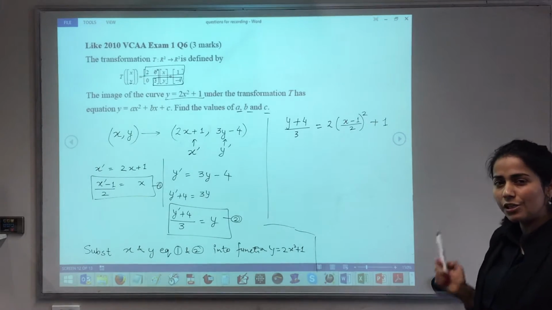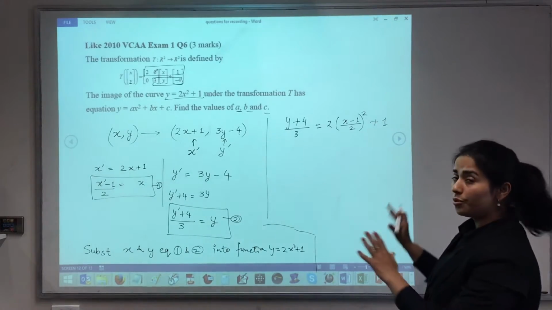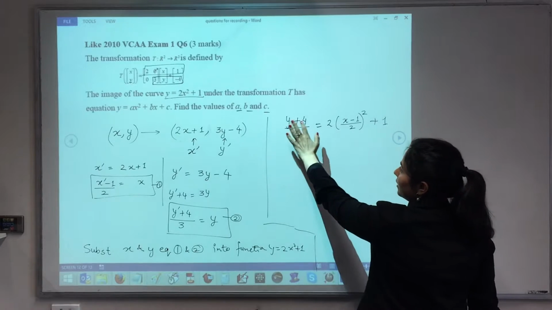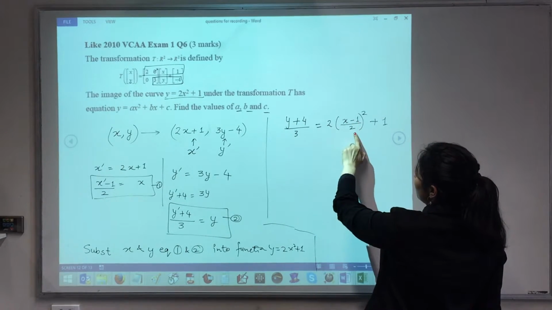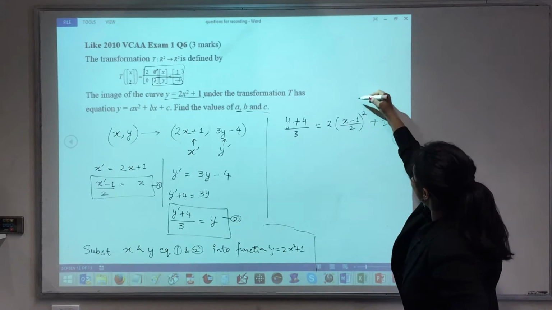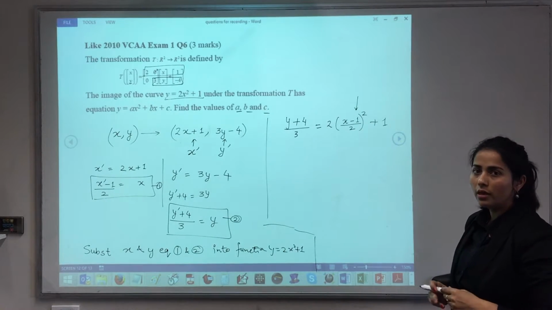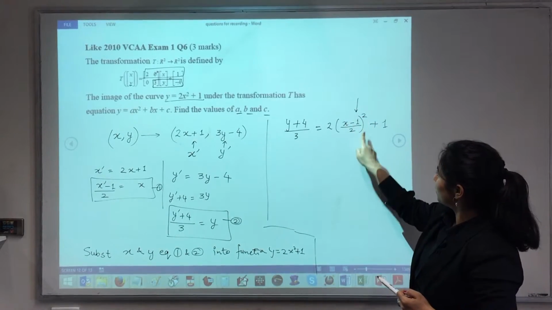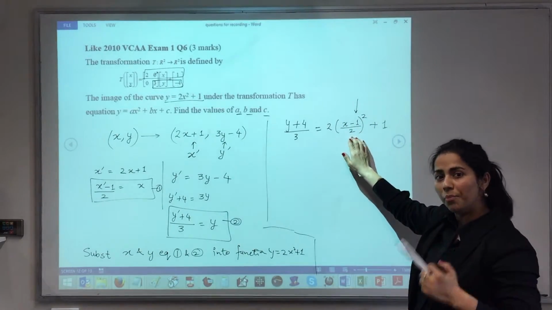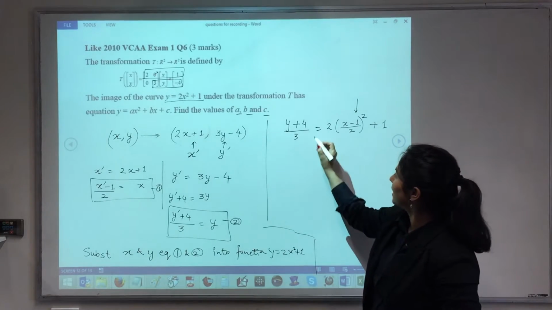Now there's a little bit of algebra that you need to do over here, so you need to be very careful. So here it's addition, and then there's a number that's dividing it, and it's 2 times x minus 1 over 2 squared. So I'm going to expand this first. You can do it in so many ways, but this is how I do it. I'm going to expand this bit first so that it gets simplified, and then we can do something else about it.